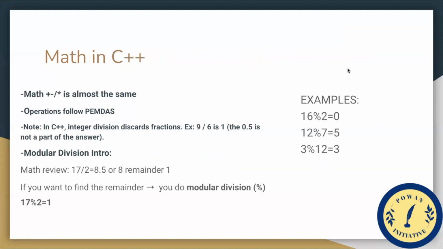Okay, going back to last class, we talked a little bit about how math and C++ intertwine. So actually, there's a lot of math in C++. We have addition, subtraction, division, and multiplication, and that pretty much works the same as it does in normal math. You know, like 8 times 2 is 16 in computer science and also in math.